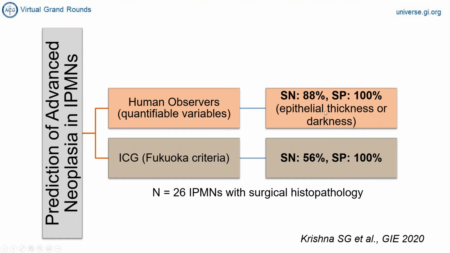The two variables which had the highest agreement were the epithelial thickness and darkness. Now, in the same patient population, we looked at the international consensus guidelines, and the guidelines had a sensitivity of 56% and a specificity of 100% in classifying this cyst. So human observers who are experts in endomicroscopy did better than established guidelines.